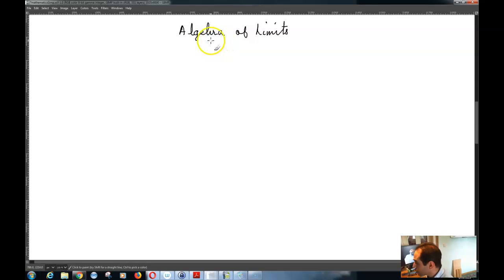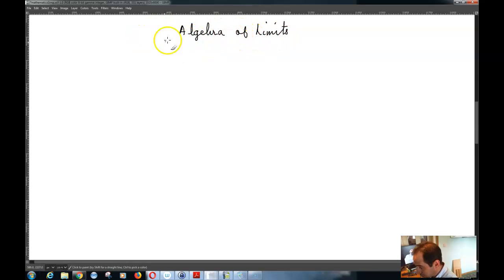in all of these illustrations that we have done so far, we have observed that the limiting process respects addition, subtraction, multiplication, and division.